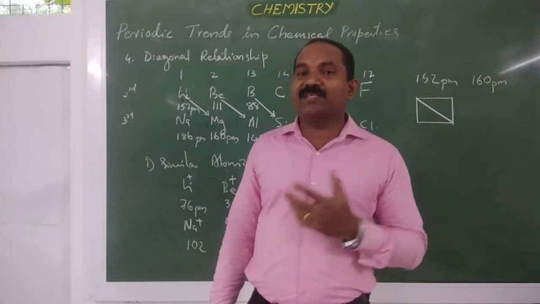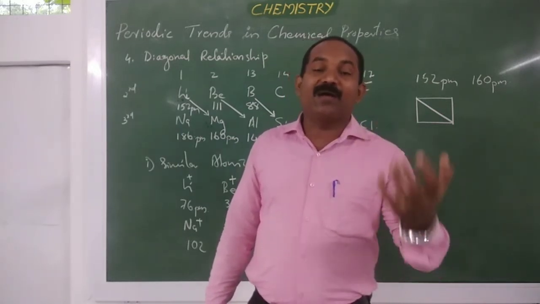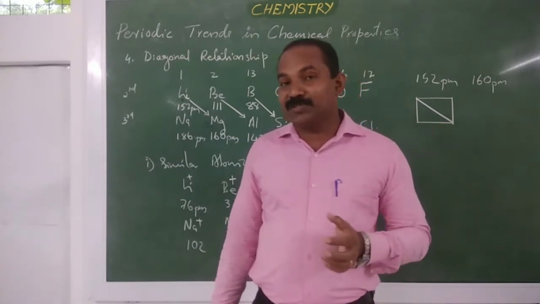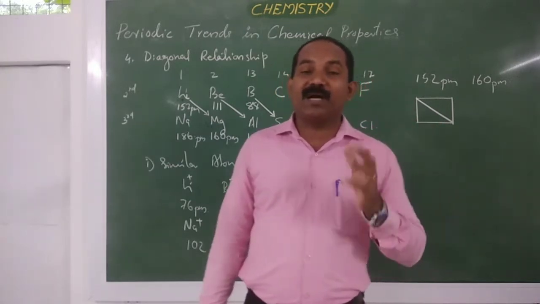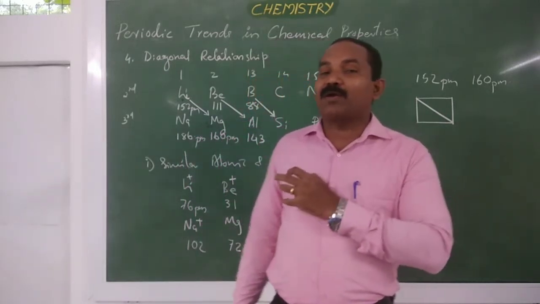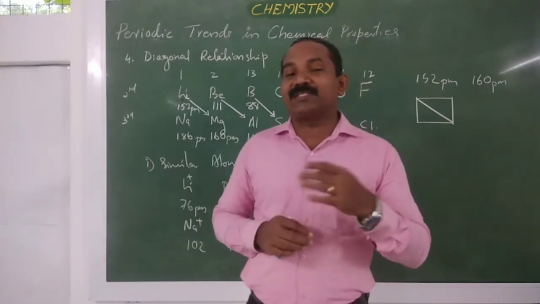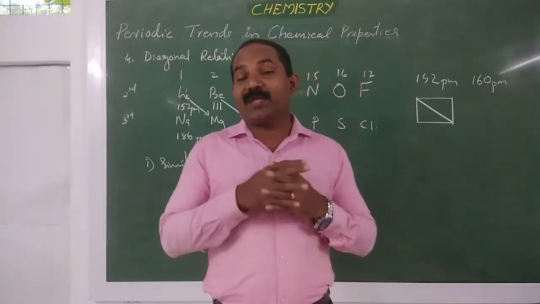Atomic radius, ionization enthalpy, electronegativity, then electropositivity, many properties depend upon the electronic configuration of elements. Then we go on to discuss some chemical properties.